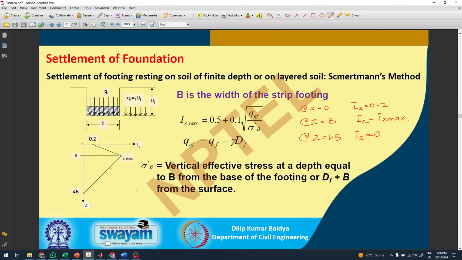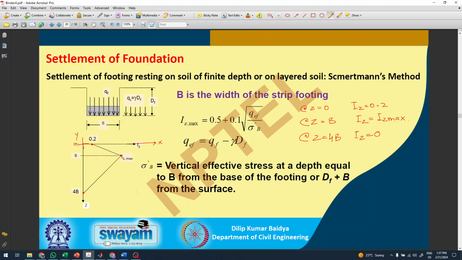This is our influence diagram that we get. If we consider this as a 2D plane, and this is the x direction and this is the y direction, in drawing the diagram what we need is the coordinates of this point and this point.